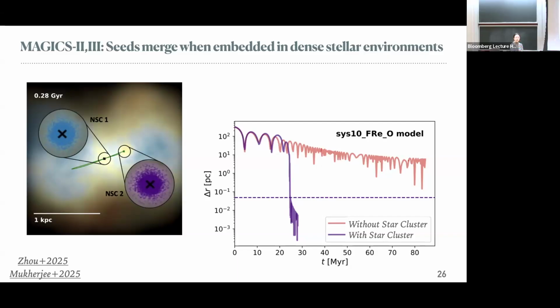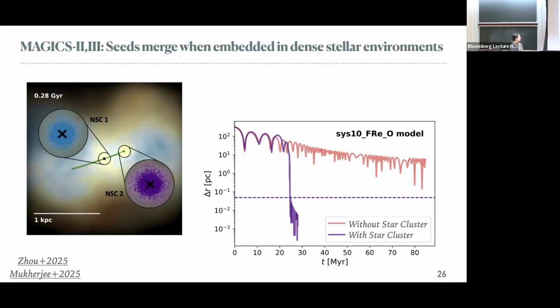Yeah, Andres Escala was working on this in the early 2000s for his thesis. He was a grad student at Yale, now faculty. Maybe I should put more references here, in terms of the nuclear star cluster and how things sink faster through this tidal interaction.